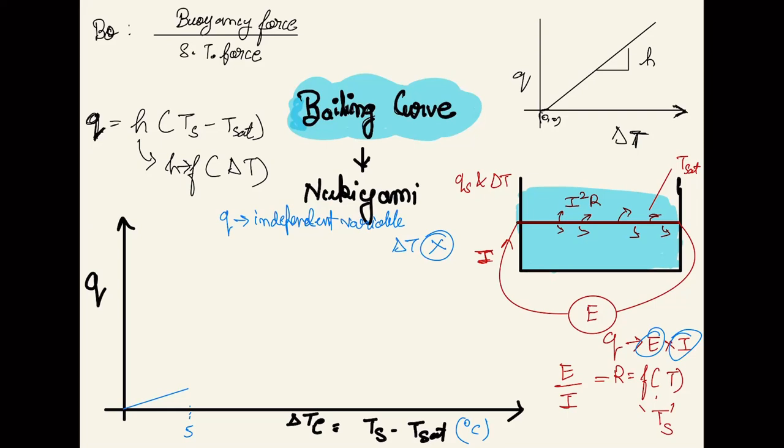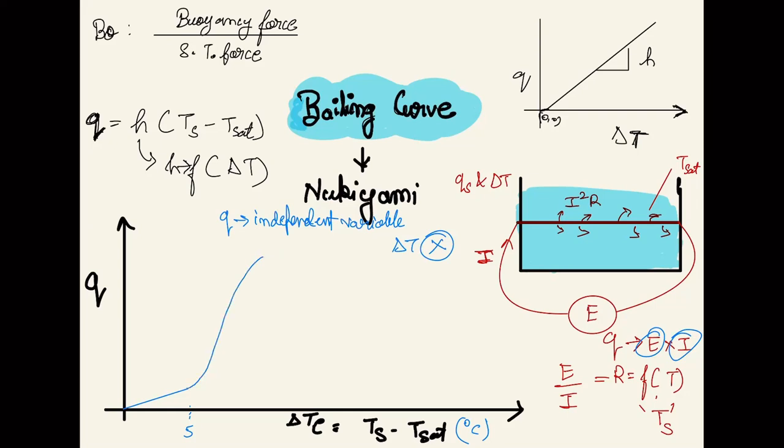So then he was increasing the Q by increasing the potential difference across the wire, and initially up to a delta T of 5, he was seeing a straight relation like this. He said, I am now further increasing the Q, and what I'm seeing is that delta T was increasing like this. It was not a straight line, it was something like this.